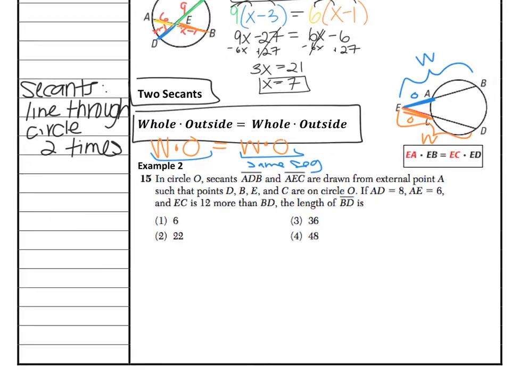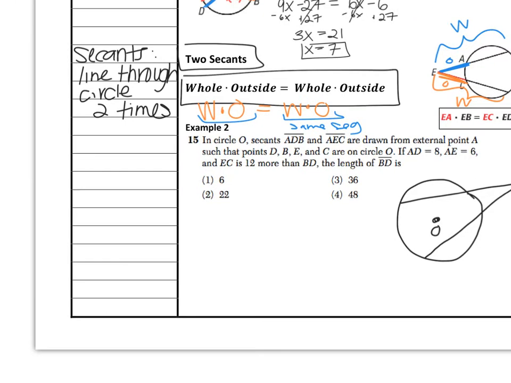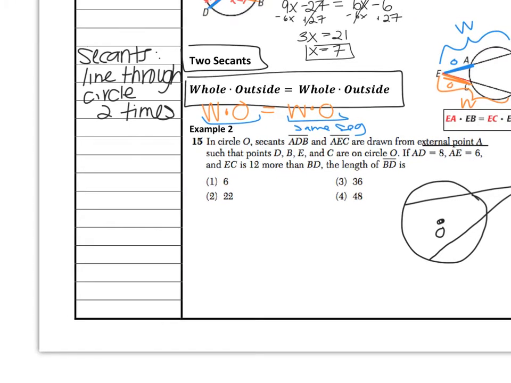It says in circle O, and notice how I'm going to immediately start drawing this because they didn't give us a picture. Secants ADB and AEC are drawn, so I know each one has to cross through the circle twice. And I know that they're going to meet at point A because not only do they say it, but also A is the shared vertex.